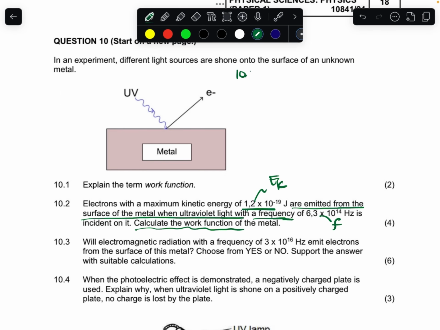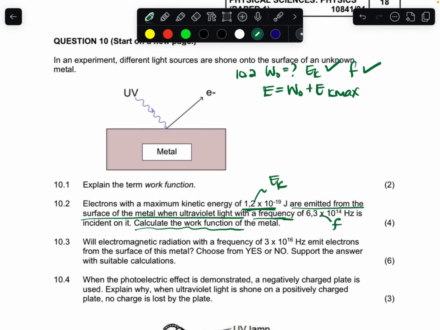So 10.2, I'm going to do it today. We're looking for the work function. We have the EK max, which is this, and we have the frequency, right? So what we're going to do, we're going to use the formula that says E is equal to the work function plus the EK max, right?